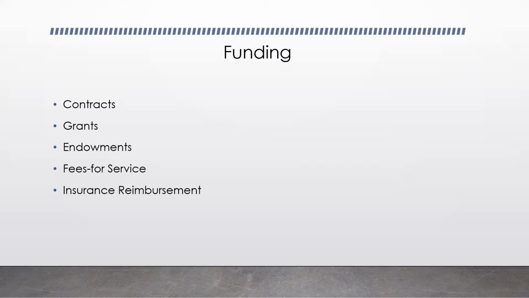So contracts, those can be in many forms, but often you'll see them, for example, with a public agency contracting with either the for-profit or the nonprofit to provide the services.